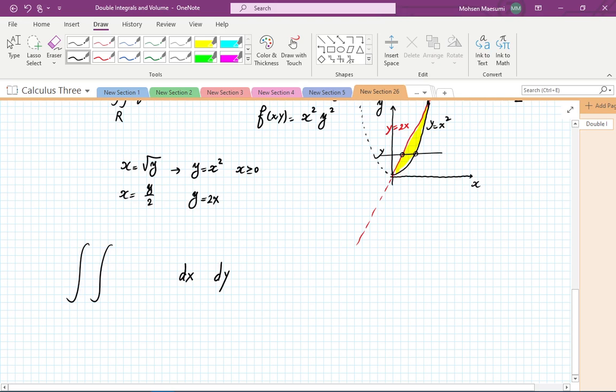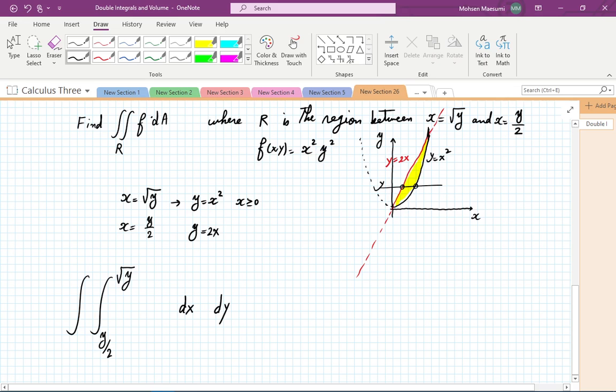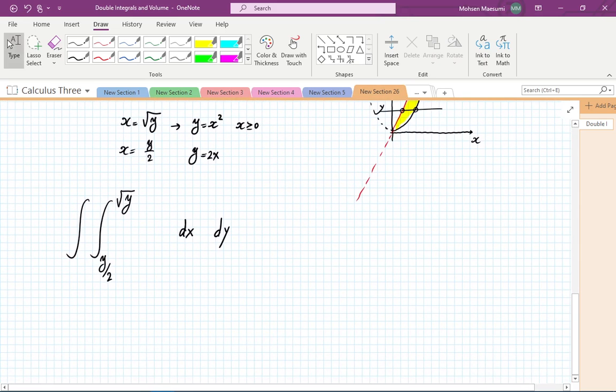Well, how do I get that? X in terms of y is going to tell me start and stop. Which one of them is the starting one? The starting one is the straight line, which is y over 2. You want to get that right, otherwise you're going to be off by a minus. Our ending place is on the parabola. That's where we are stopping, so it becomes radical y. What's the function we are integrating? Whatever is given here, f of, for example, x squared y squared.